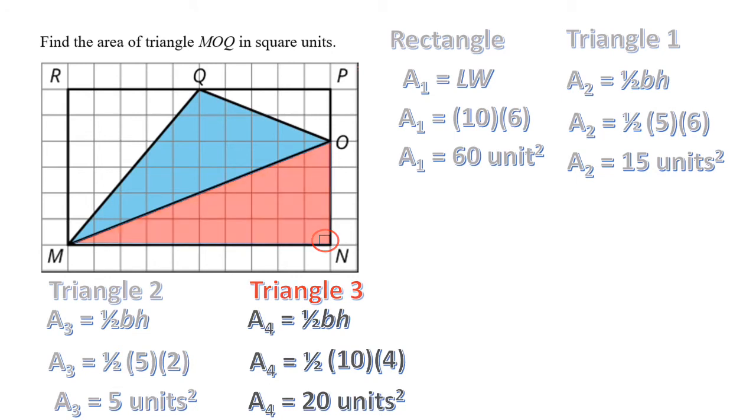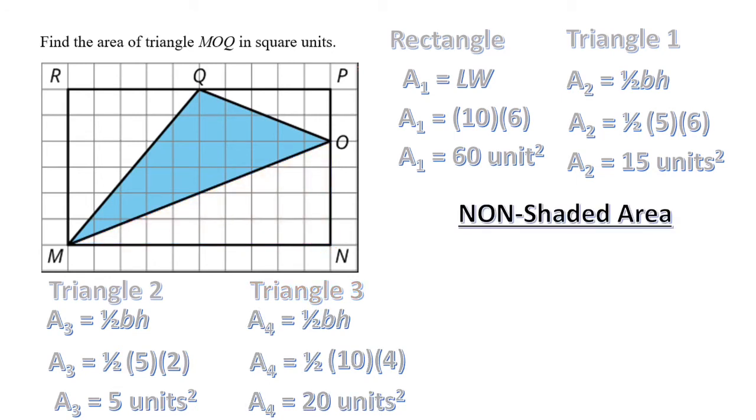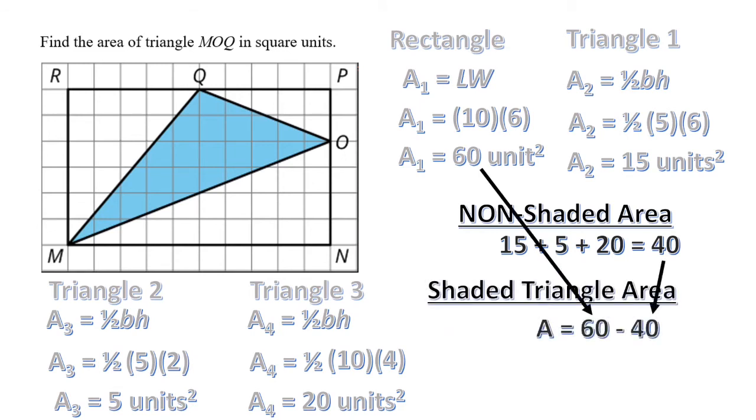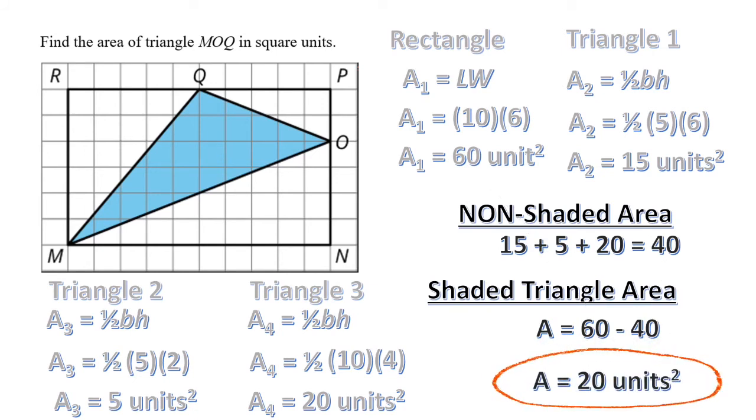I know that the unshaded area, that would be the total area of the 3 unshaded triangles, would be 15 plus 5 plus 20, which is 40. So I'm going to take that away from the area of the full rectangle, and I get 20 units squared when I do that. So the leftover would be 20 units squared, which is the area of OQM or MOQ.